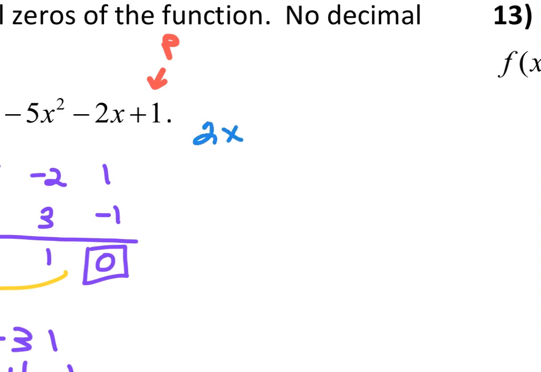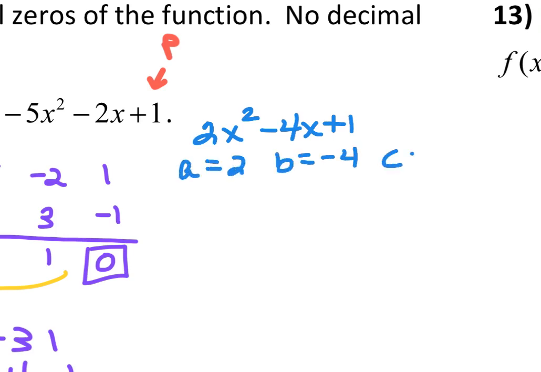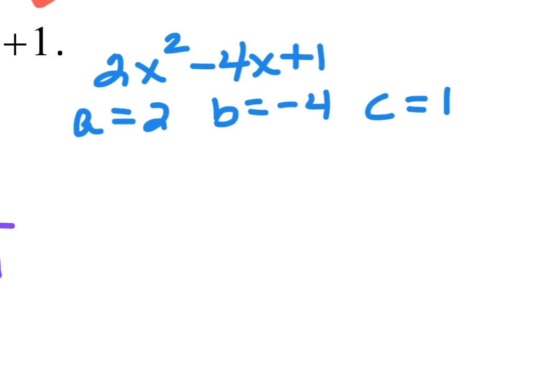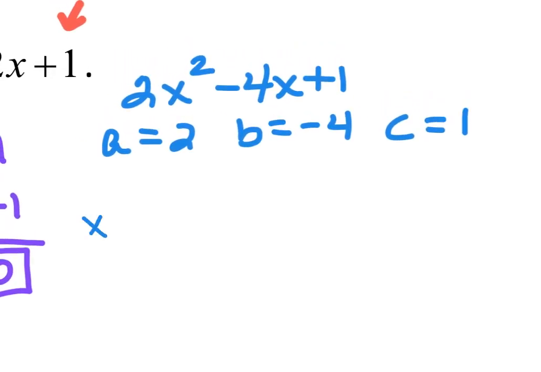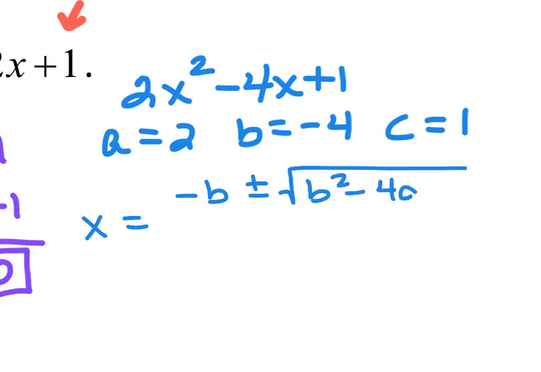So 2x squared minus 4x plus 1, a equals 2, b equals -4, c equals 1. The quadratic formula is -b plus or minus the square root of b squared minus 4ac all over 2a.